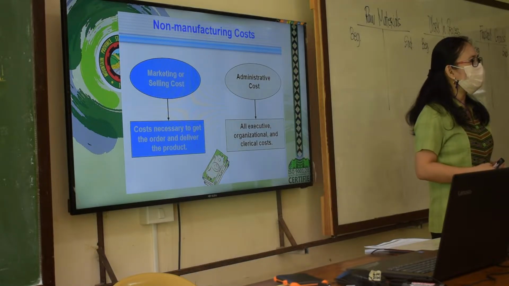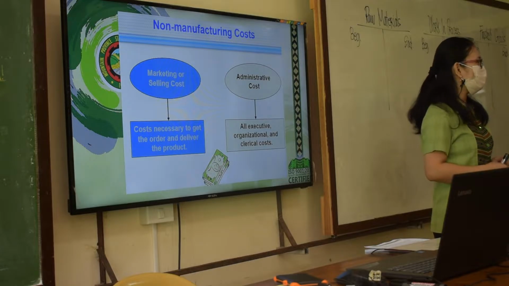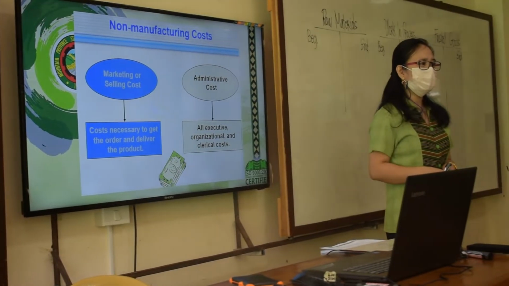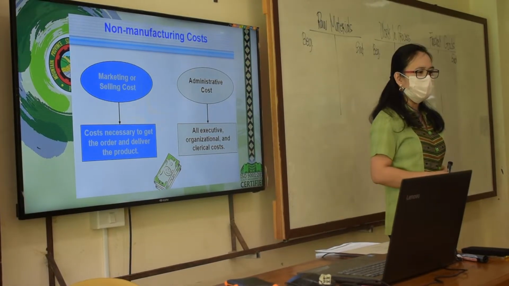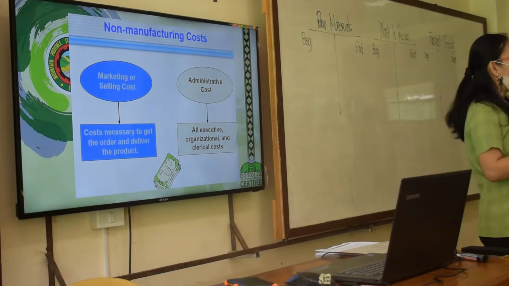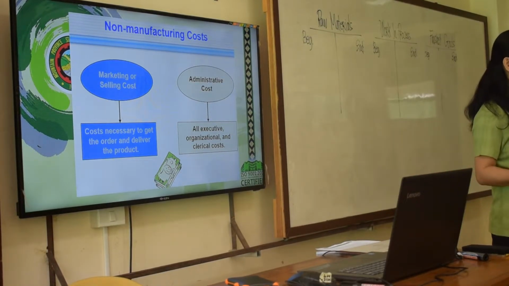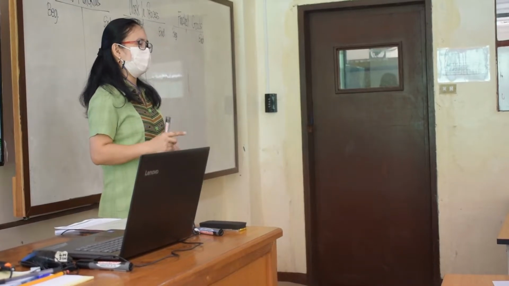These are non-manufacturing costs. If there is a product cost, we also have period costs. And these selling costs, administrative costs, and non-manufacturing costs that we are talking about always fall in the period costs. And these costs will go straight to your income statement or your statement of comprehensive income.